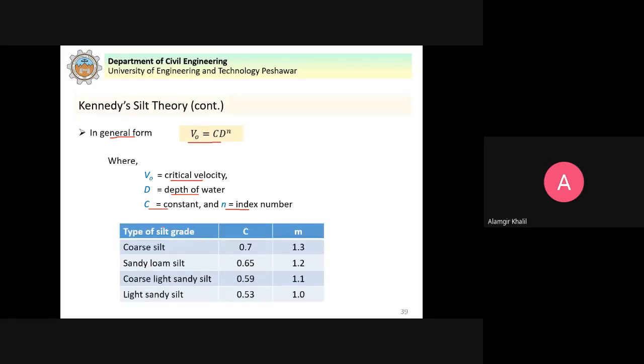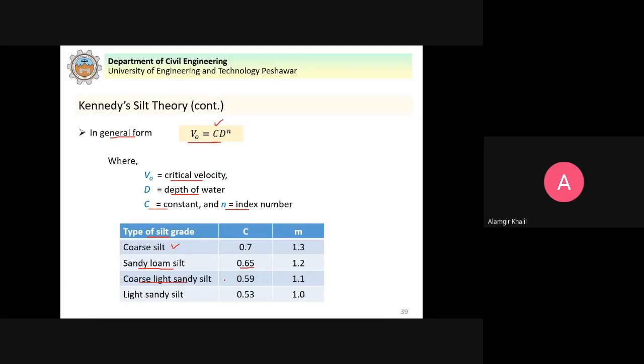Now we have different types of silt grade. If we have coarse silt, then in this equation the value of C should be 0.7. If we have sandy loam silt, then it should be 0.65.